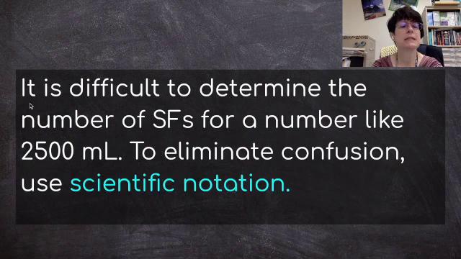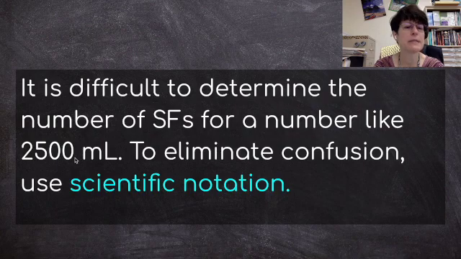Now, let's talk about something that can be a bit ambiguous. It is difficult to determine the number of significant figures for a number like 2,500 milliliters. To eliminate confusion, use scientific notation. Now, if I had a decimal point at the end of this, I would definitely know that it's four significant figures because a decimal point would indicate that this zero definitely counts.